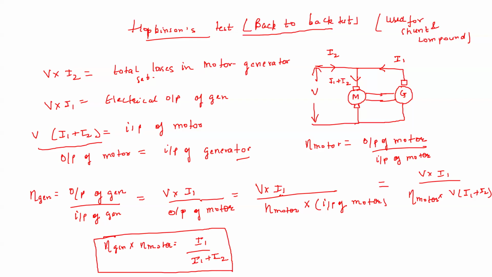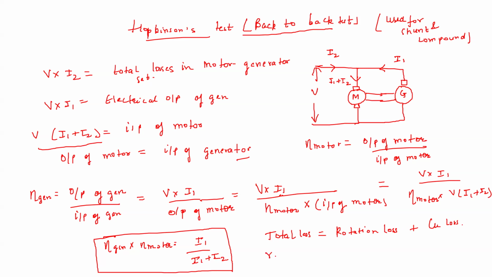Okay. Now here, if we consider the total loss in both the machines, it is nothing but rotational loss plus copper loss. So what is the rotational loss?